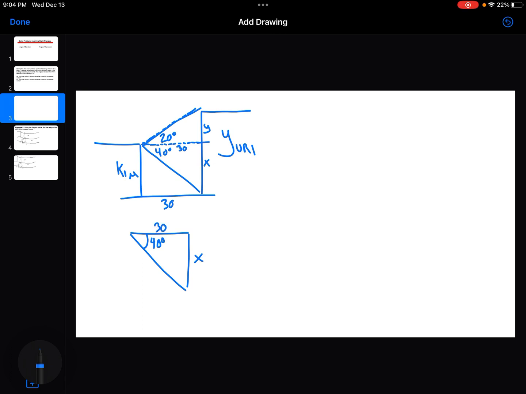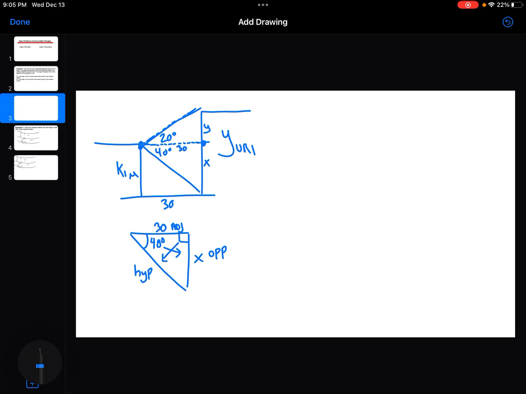So we can use this triangle, which we've created a right angle here, with our hypotenuse, our opposite, and our adjacent to solve for how tall Kim's balcony is, because Kim's balcony is going to be right here, which would also be right here on Yuri's building. So it's at that dotted line.